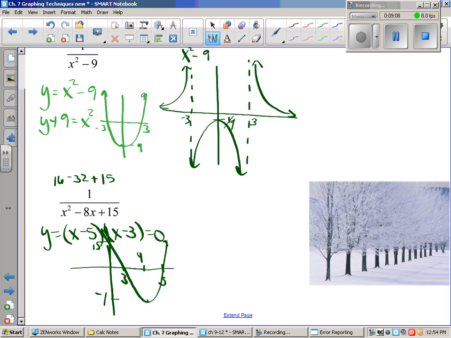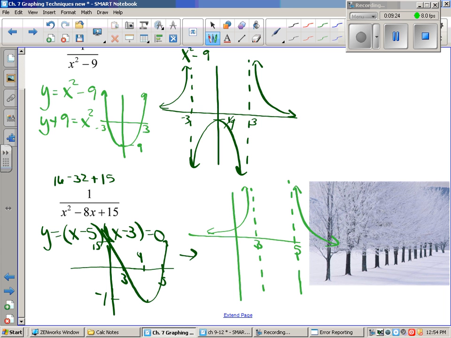And so as I do the 1 over graph, that means now that at 3 and at 5, we have the asymptotes, right? And those wings are going to flip out. And in this spot here, instead of being at 4, negative 1, well, it's still 4, negative 1. Why is it, again, that that stays the same?